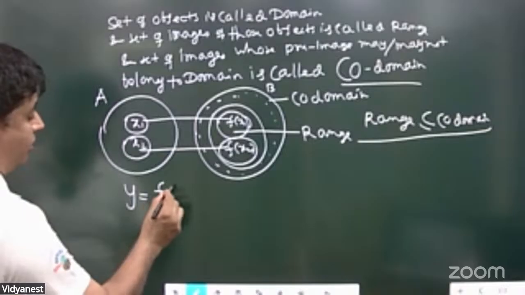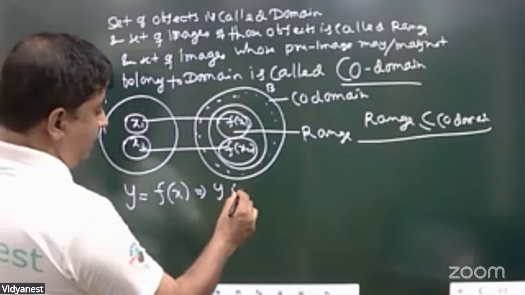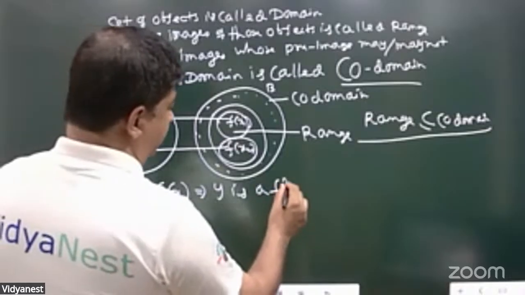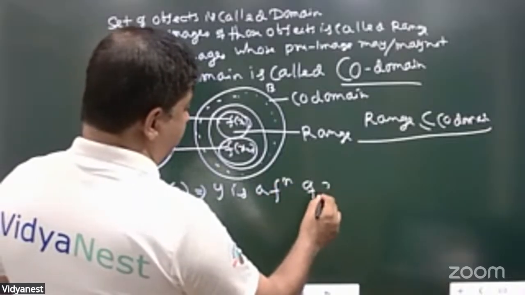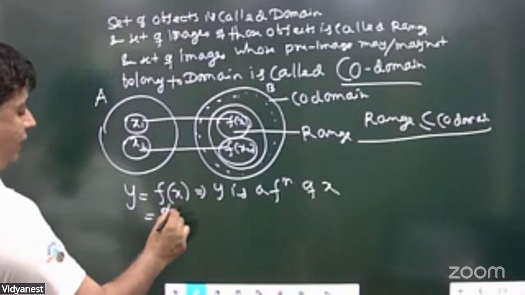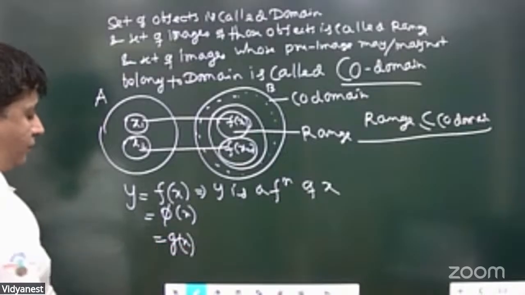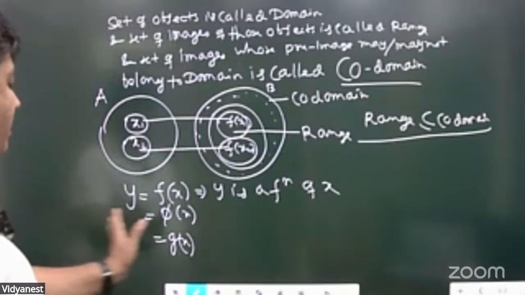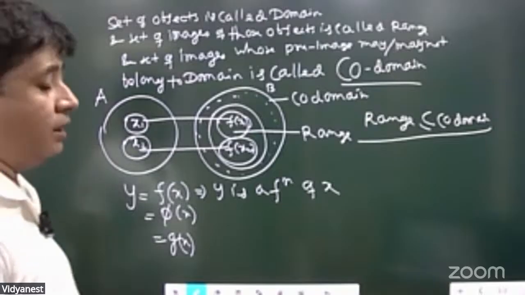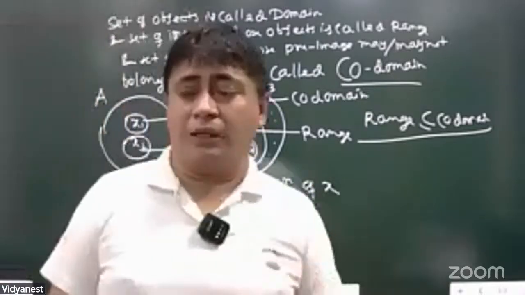Y is equal to f(x) means what? Y is a function of x. It is denoted by f(x) or phi(x), g(x), with this notation. Now, the concept is not new.